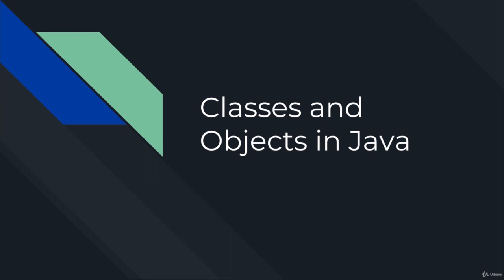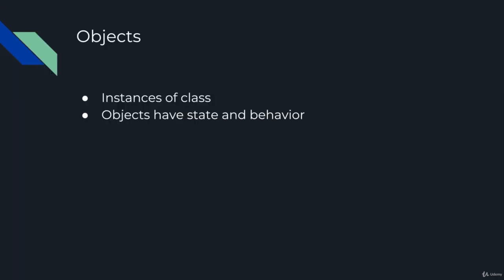Now what do state and behavior mean? Let's say for a dog that I'm seeing right now, a state will be something like the number of ears it has, the color it has, the breed it belongs to, the total number of legs it has, the height of the dog, the weight of the dog, etc. Similarly, behavior for a dog will be walking, barking, sleeping, etc. If you look at the definition of objects in Java, objects are nothing but instances of a class.